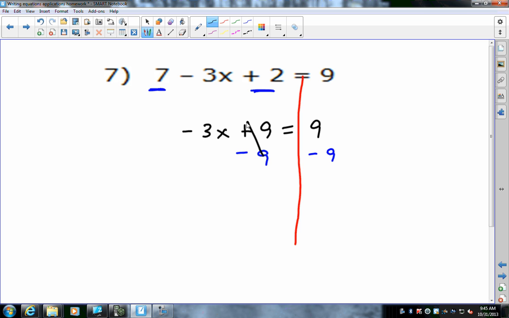And I get negative 3x equals 0. Divide by negative 3. X equals 0.